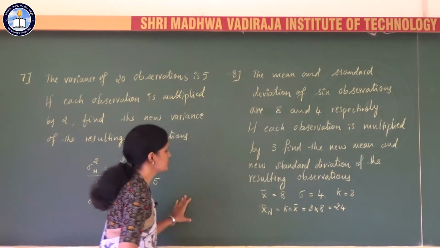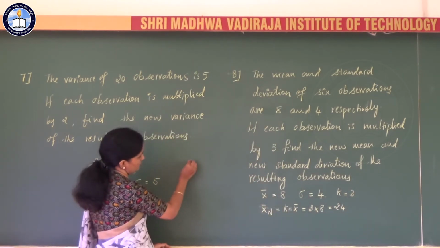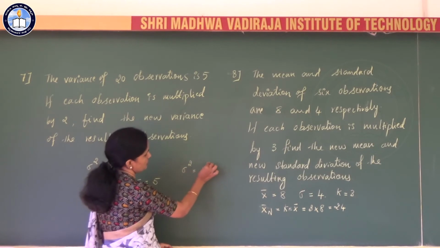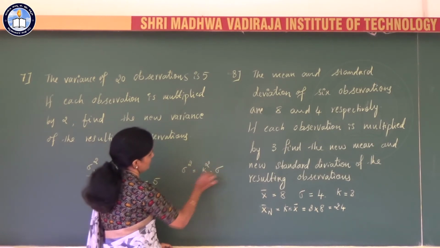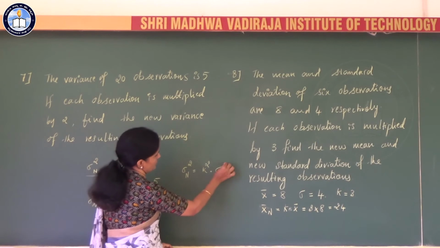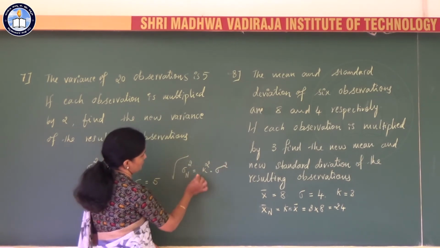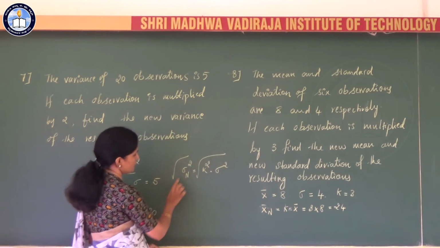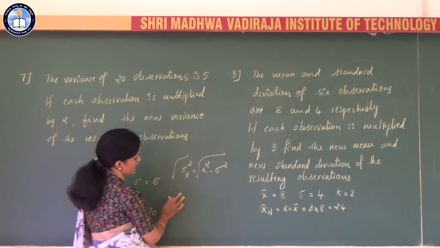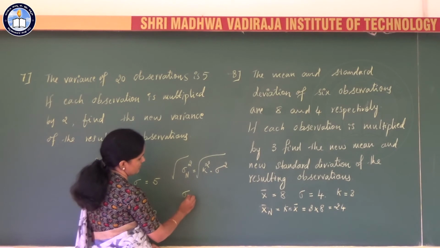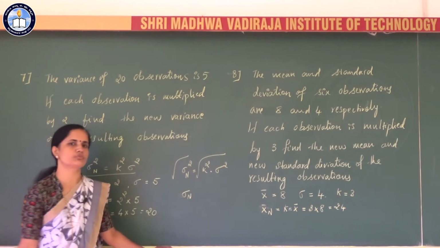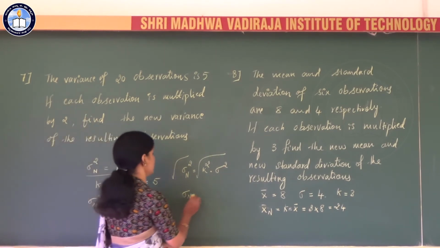So here you know this formula. The new variance is equal to k square into the previous variance. So if you take the positive root on both sides of this variance, that is nothing but the standard deviation. The positive root of variance is standard deviation.